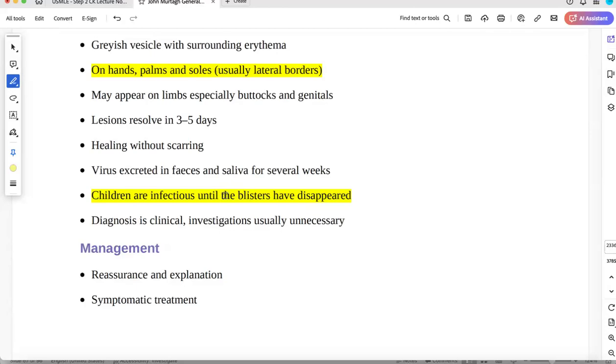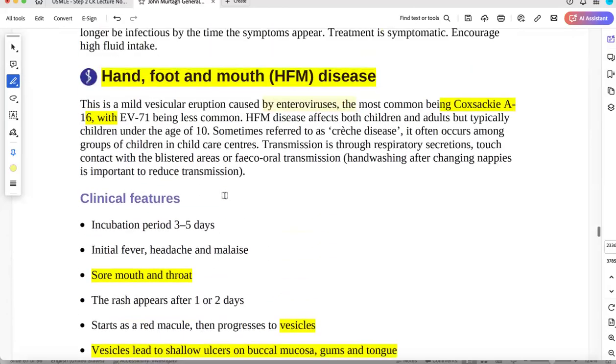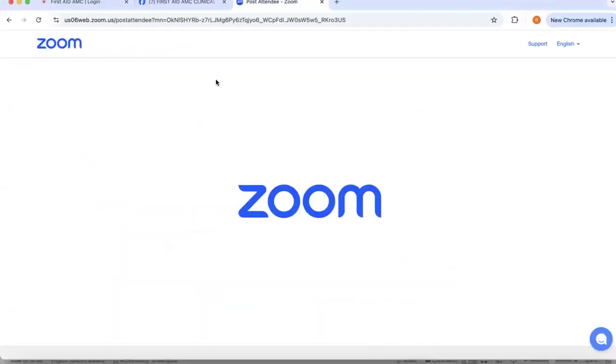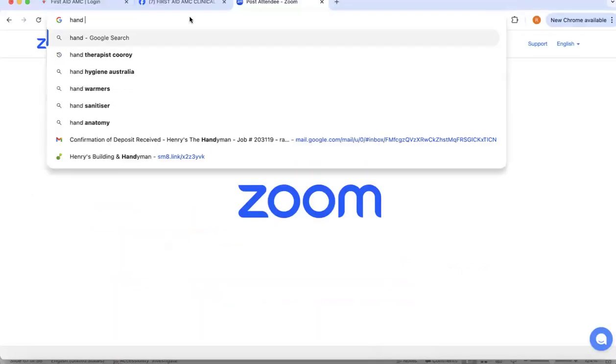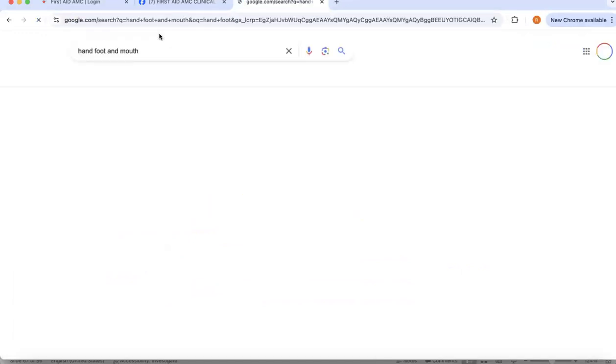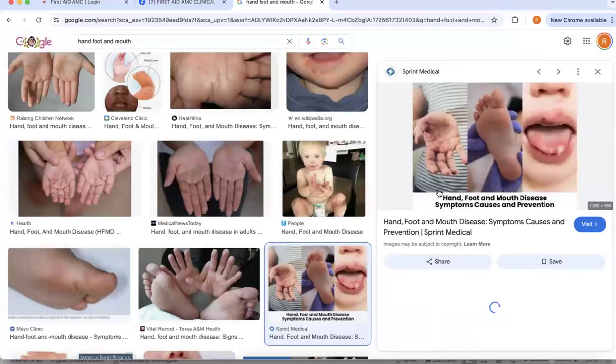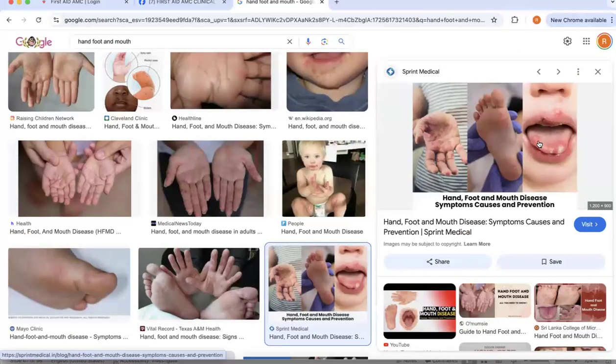Okay, how it looks, let's have a look. So with hand, foot, and mouth disease, the child will have this kind of blistery, ulcerated rash in the mouth, tongue, buccal mucosa, and also on the palms and soles. And that's it, nothing else. Okay?